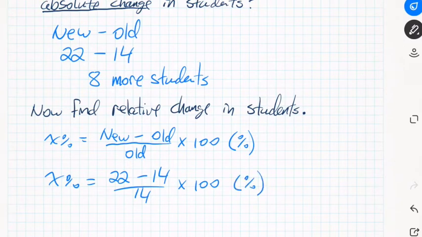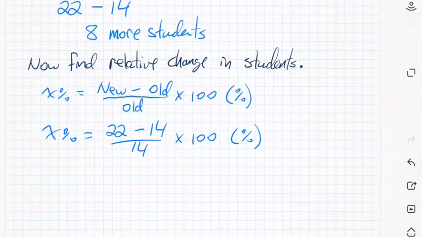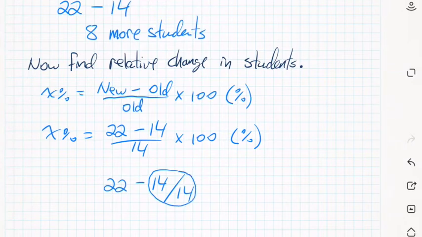All right, so a little caution about this formula if you did not do the absolute change first. If you type this into your calculator the way it looks, and I'll just do the new minus old over old part, this will get you the wrong answer, because your calculator is going to see the division first and calculate it first by the order of operations. Division comes before addition and subtraction.